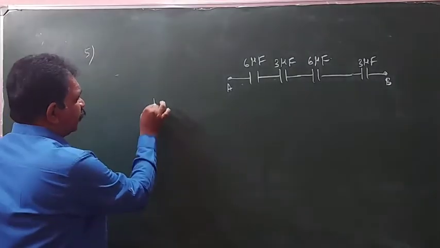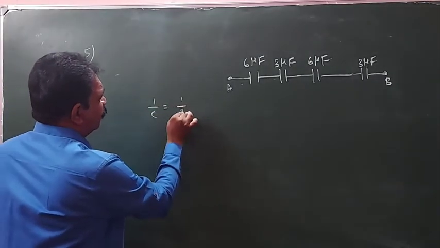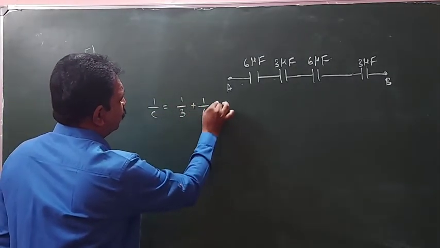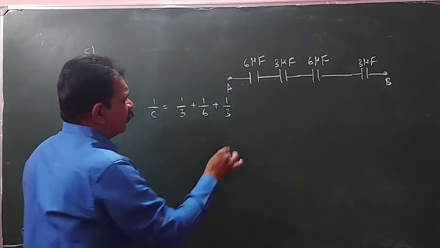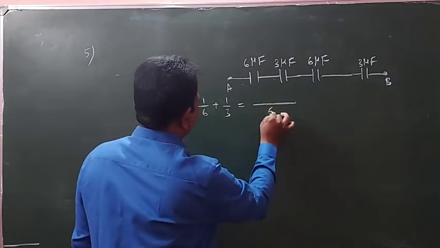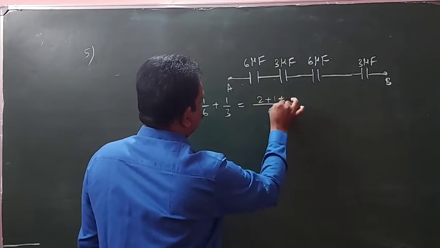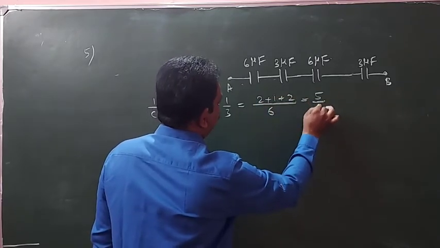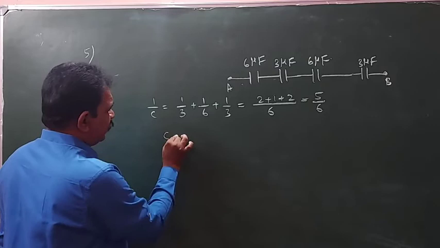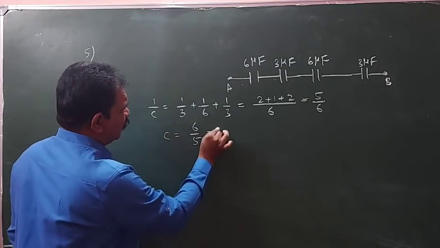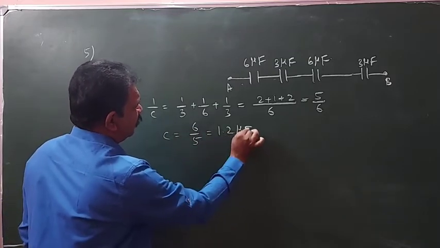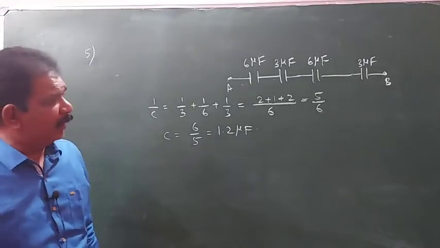What is the effective of them? 1 by 3 plus 1 by 6 plus 1 by 3, this will be 6. 2 plus 1 plus 2, 5 by 6. C is equal to 6 by 5, 1.2 microfarad.